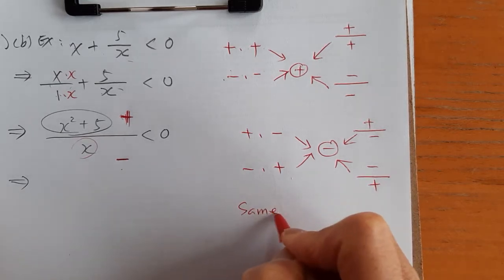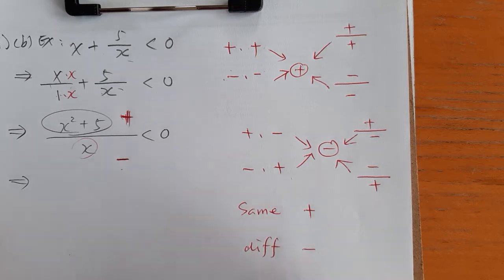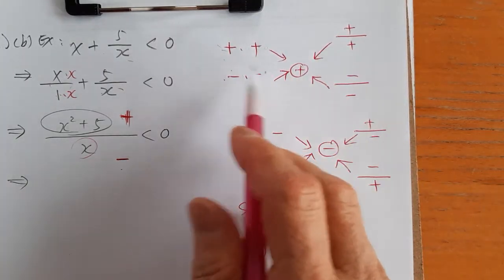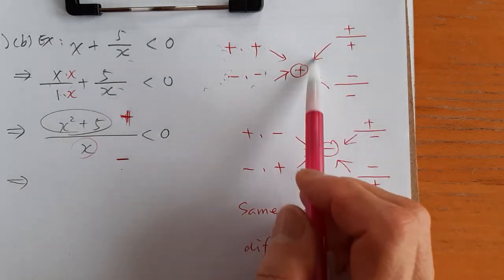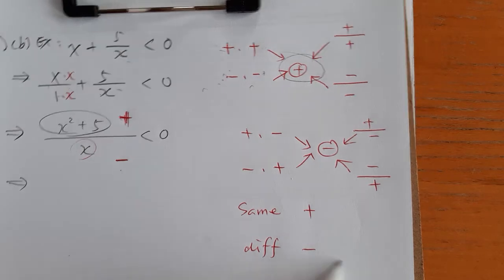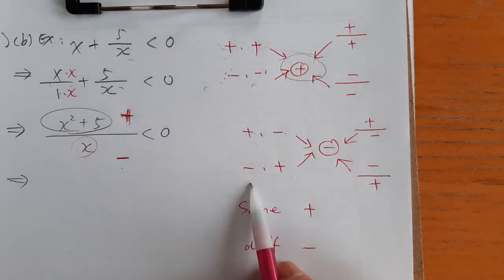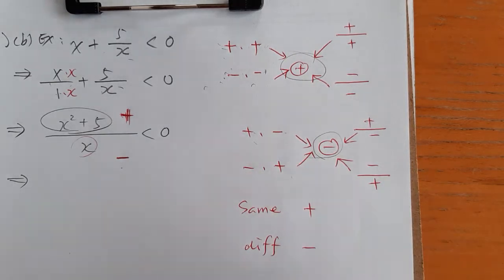Same sign, positive. Different sign, negative. If the two numbers have the same sign, both positive or both negative, when you multiply or divide, the result is always positive. If the two numbers have different signs, one positive and one negative, when you multiply or divide, the result is going to be negative.